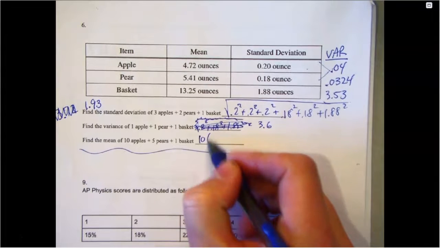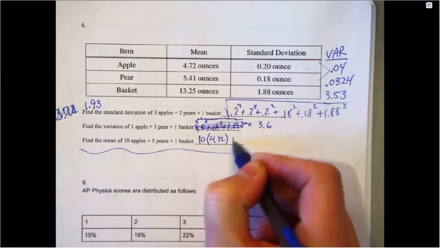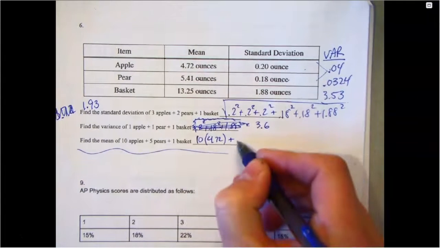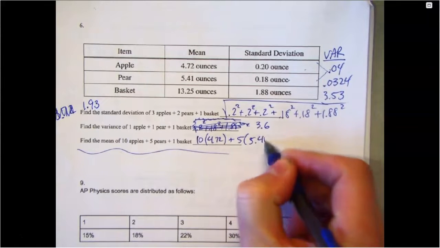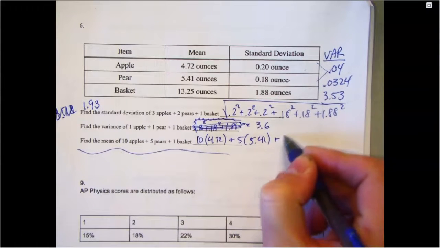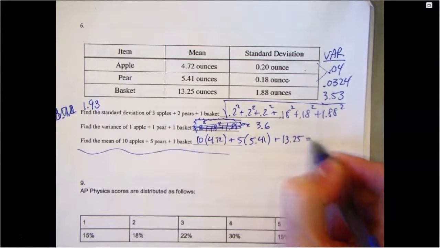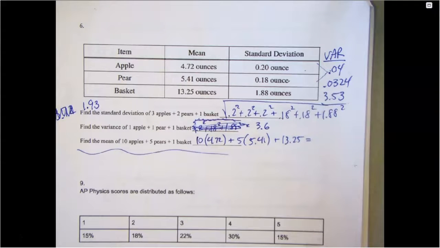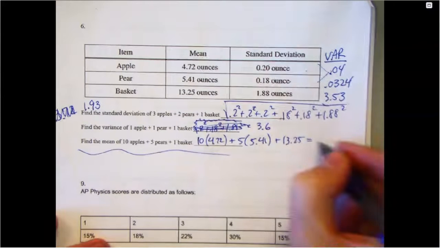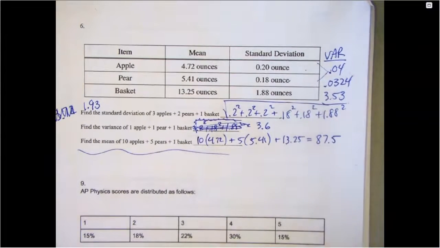You got 10 apples, they're 4.72 each, so add them up. You got 5 berries, they're 5.41 each, so add them up. Then you got one basket. Like an 87.5.